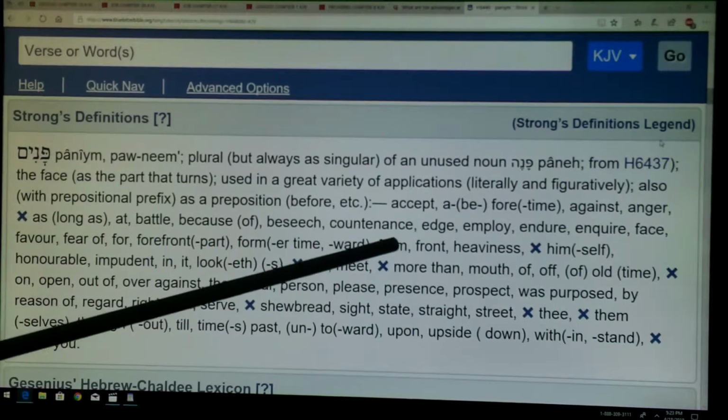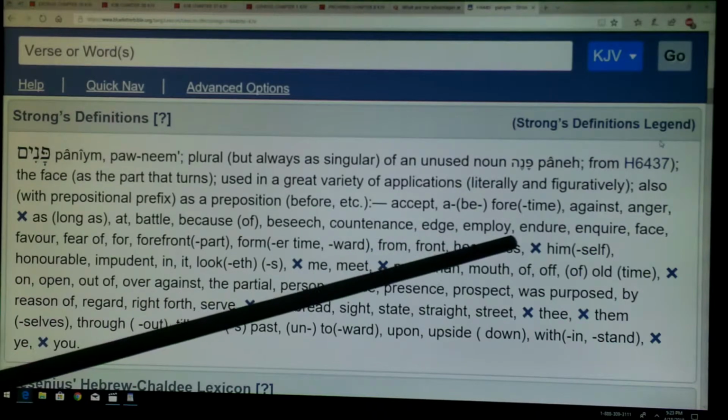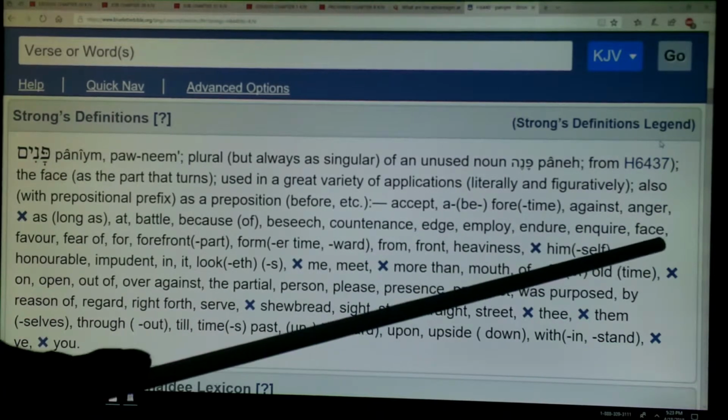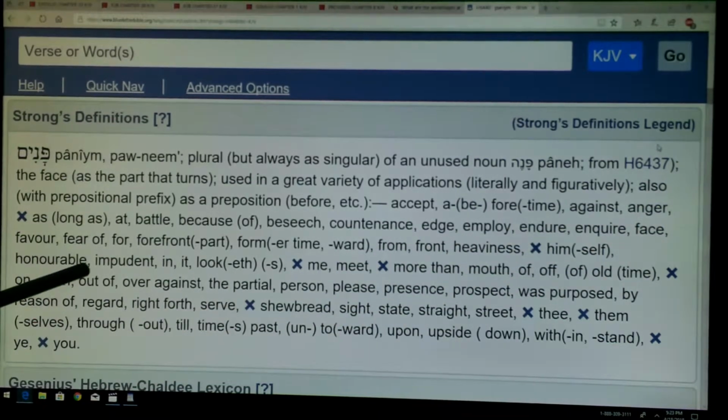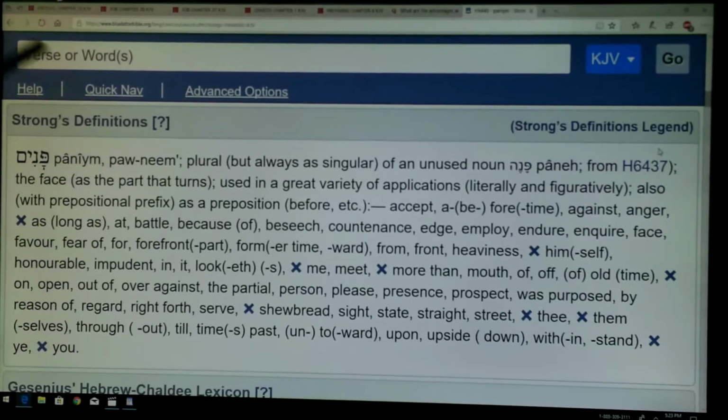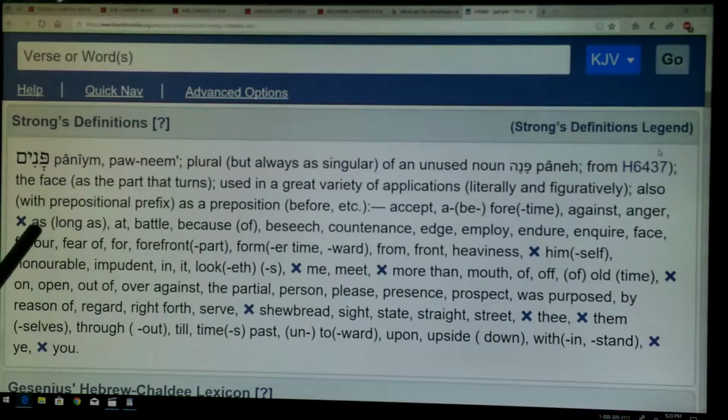Edge, there's no edge on the ball. Employ, endure, inquire. Face, there's no face on the ball. Favor, fear of, for, forefront. This is the forefront part. There's no forefront part on the ball. It's just all one circular part.